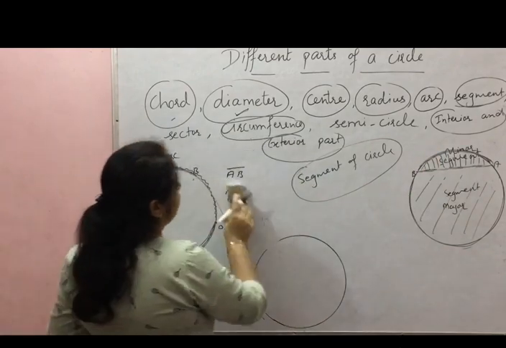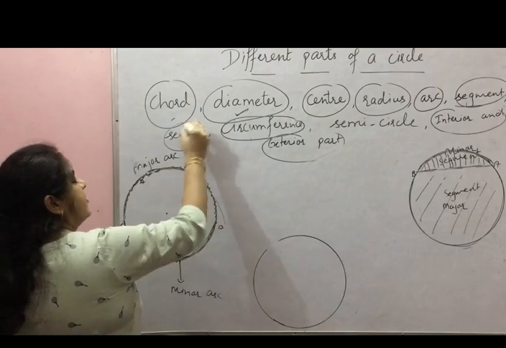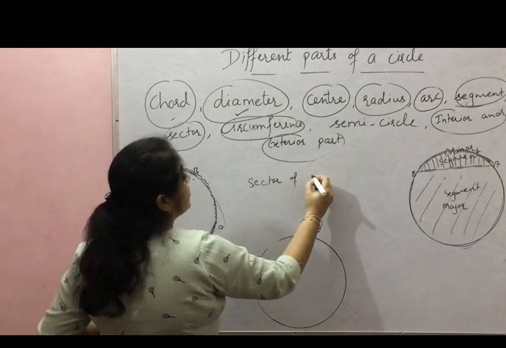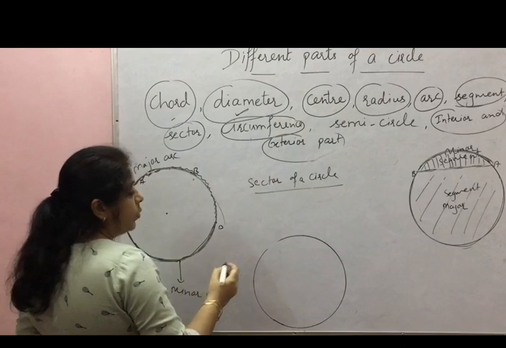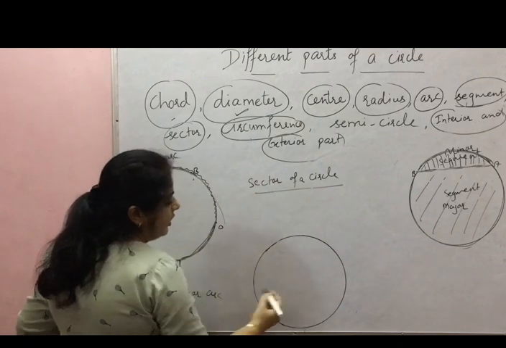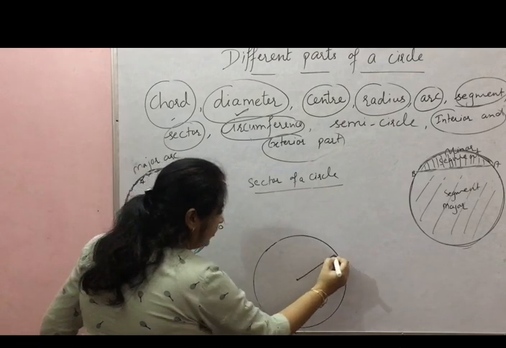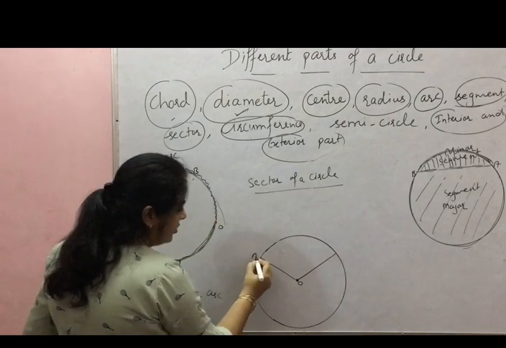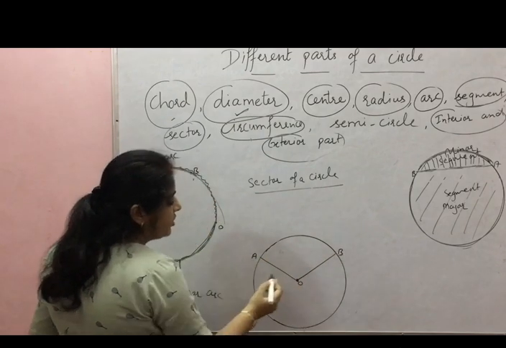Now students, we will talk about what is a sector of a circle. What is a sector of a circle? If we have two radii, this is the center O, OA is the radius, OB is also the radius.